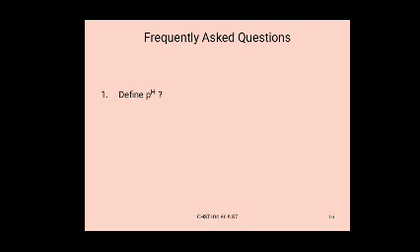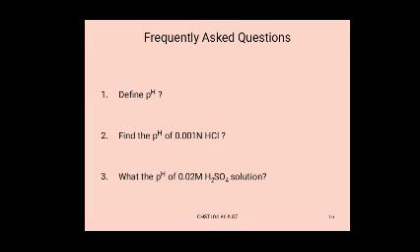Frequently asked questions about this topic. Define pH. Find the pH of 0.001 N HCl solution. What is the pH of 0.02 M H2SO4 solution. What is pH? The negative logarithm of hydrogen ion concentration is called pH.